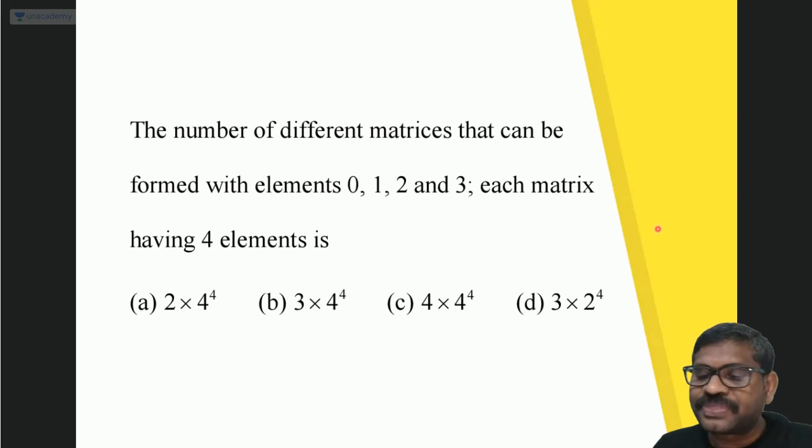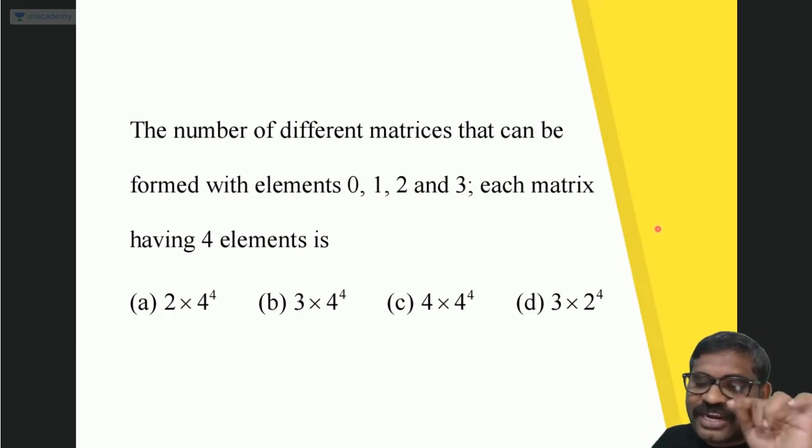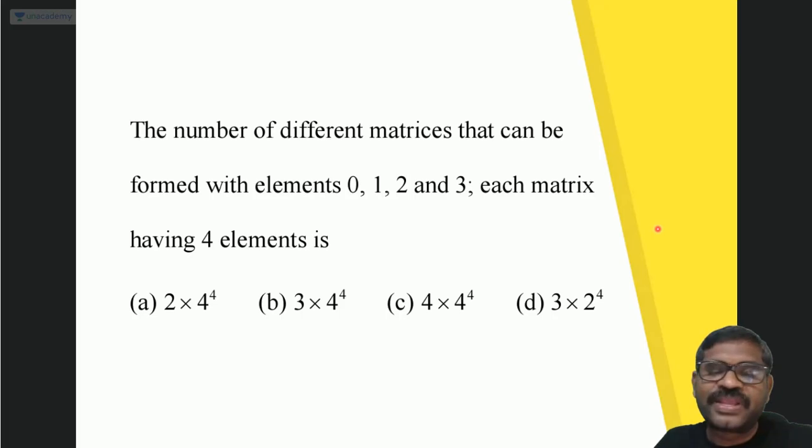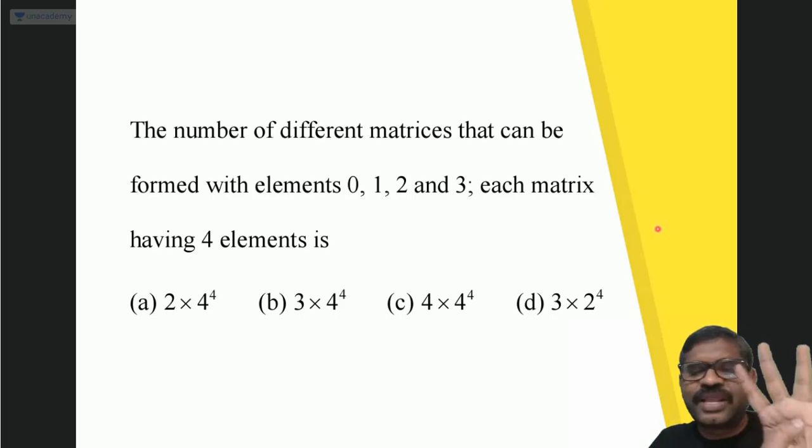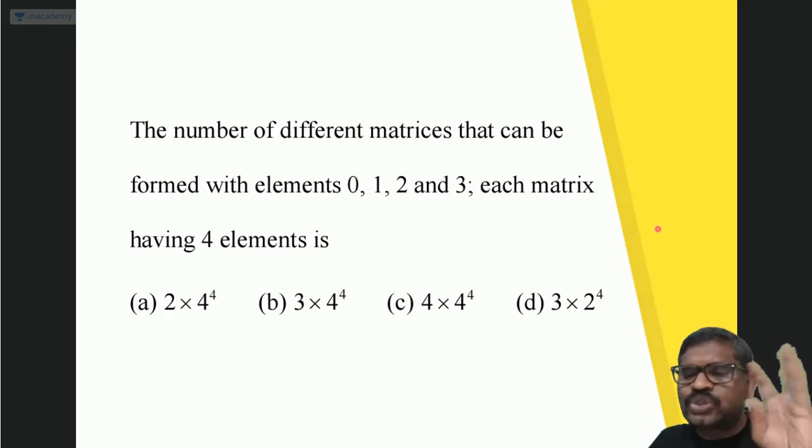Observe. Here it is a problem designed based on counting. So the number of different matrices, you are going to generate different matrices with how many entries? 4 entries. 0, 1, 2, 3. Whether the answer is B, C, or D doesn't matter. First, understand the concept, how to calculate.